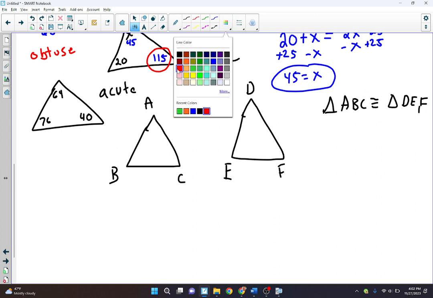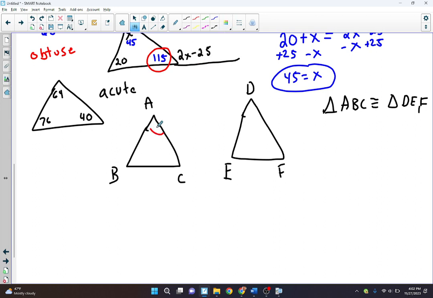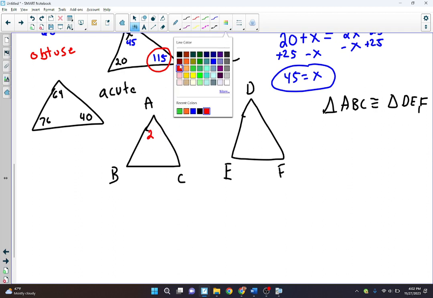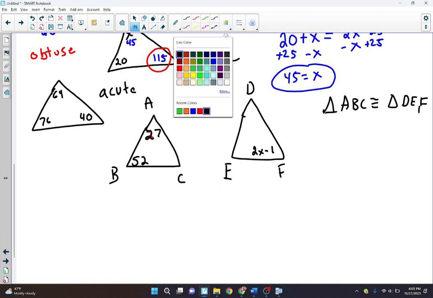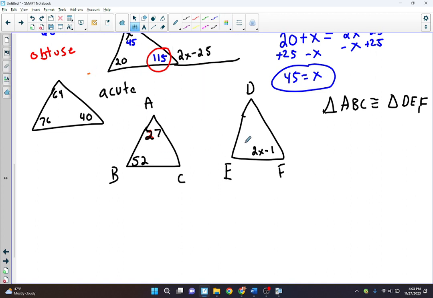So if I told you this one is 27, this is what I'm giving you. This is 52. And then this one is 2x minus 1. For this one, you're like, okay, but they're not in the same triangle.